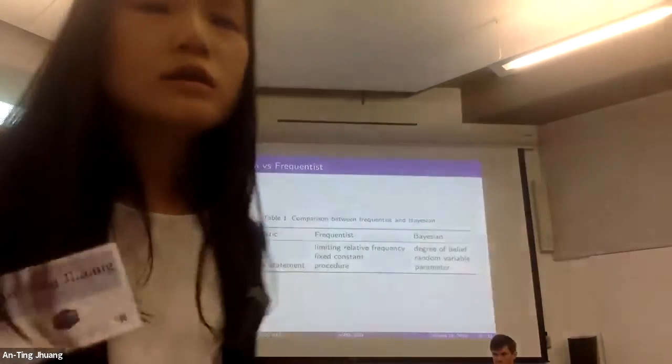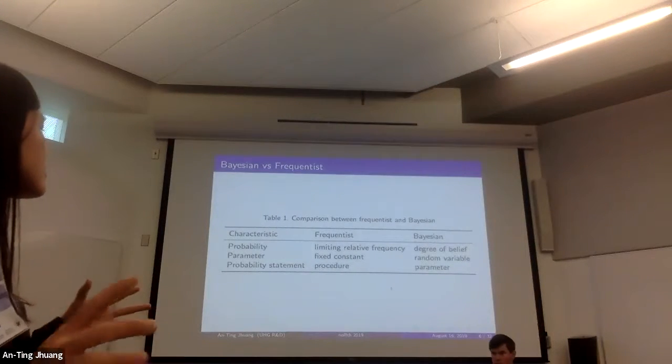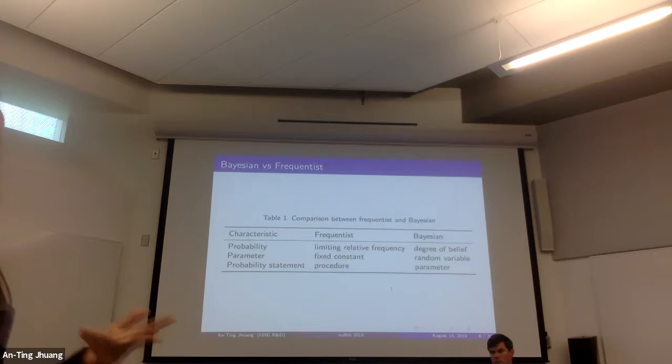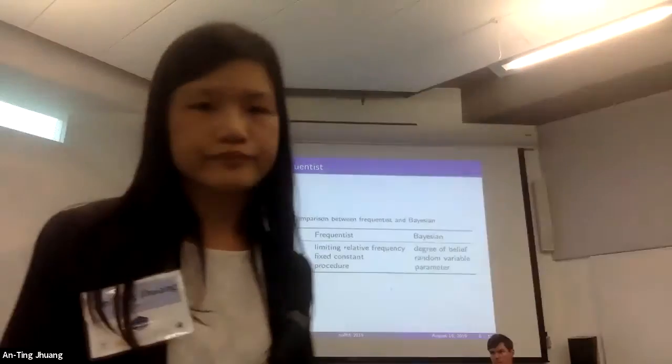This table is a summary of the comparison between frequentist and Bayesian statistics. They have different interpretations of probability, parameter, and probability statement, which I'll explain in the following examples.